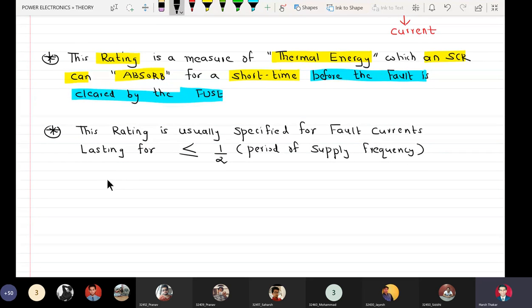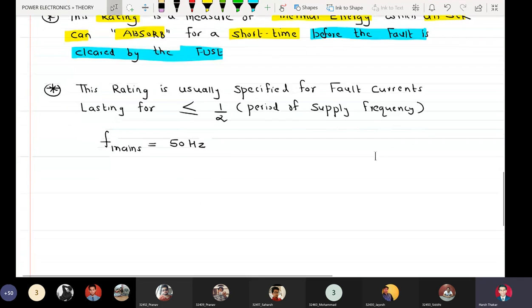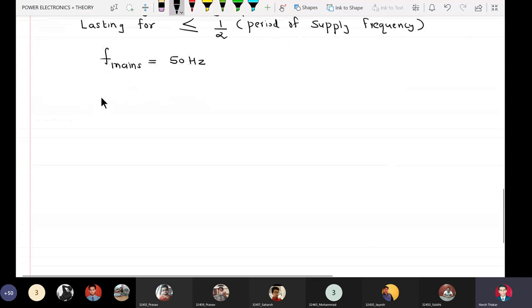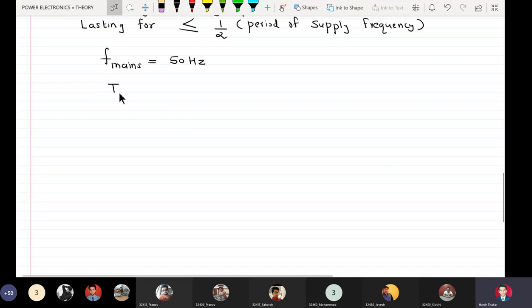Okay, so we know that the supply frequency, or F mains, in India is 50 hertz. Hence the period of mains is equal to 1/50 hertz, which is 20 milliseconds.